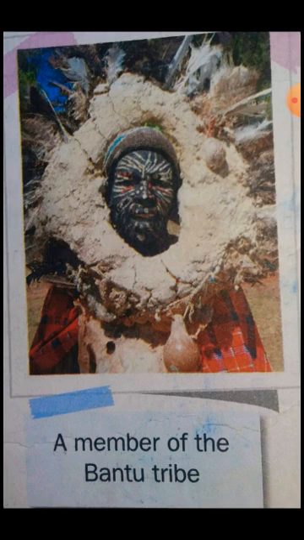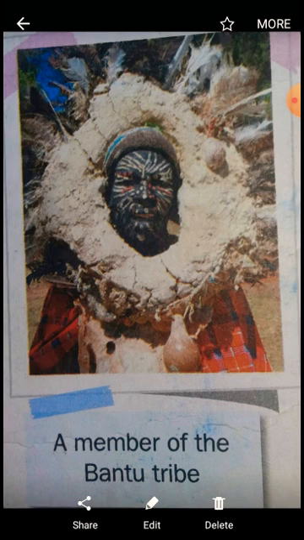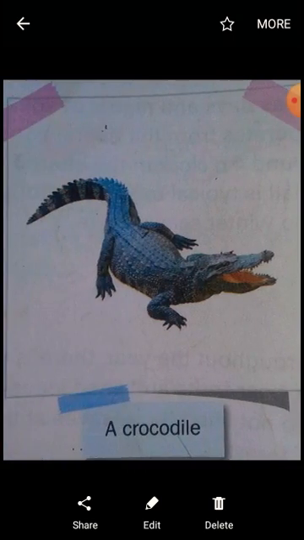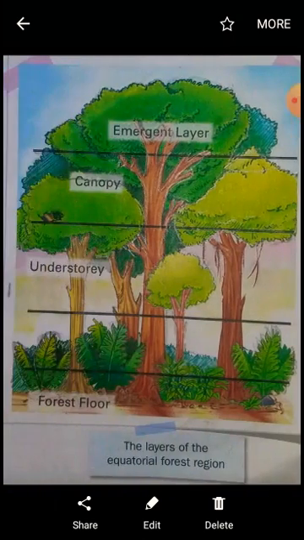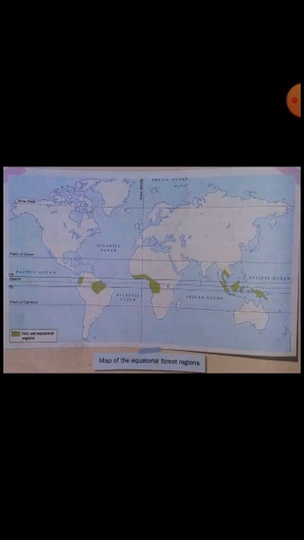Let's recall. The equatorial region falls in the torrid zone and lies on both sides of the equator. The region is hot and wet, and rainfall occurs along with thunderstorms in the afternoon.